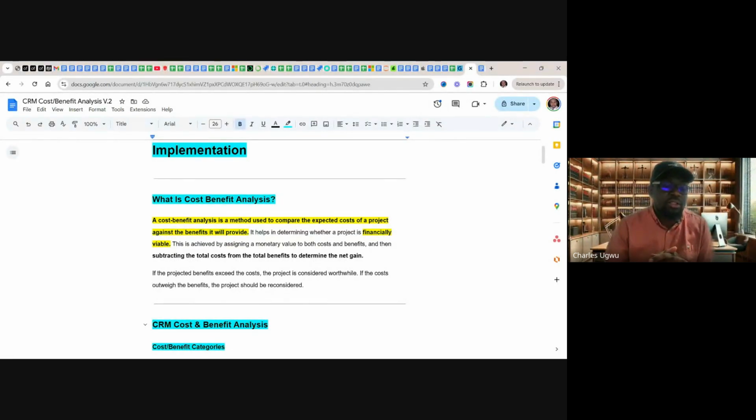If the project benefits exceed the cost, the project is considered worthwhile. If the cost outweighs the benefit, the project should be reconsidered because it's not bringing much to the table. Simple.